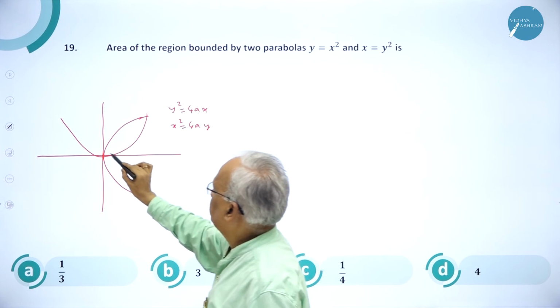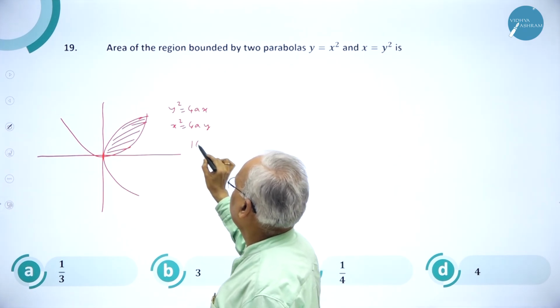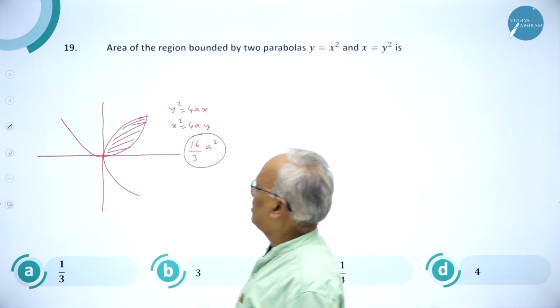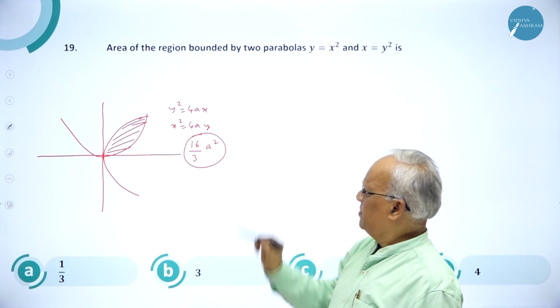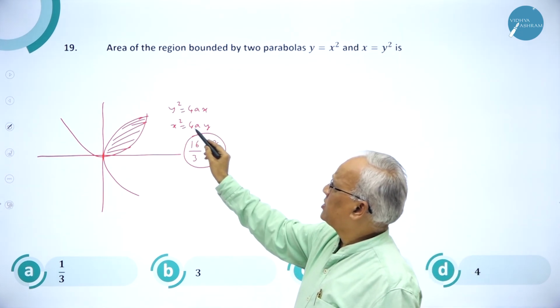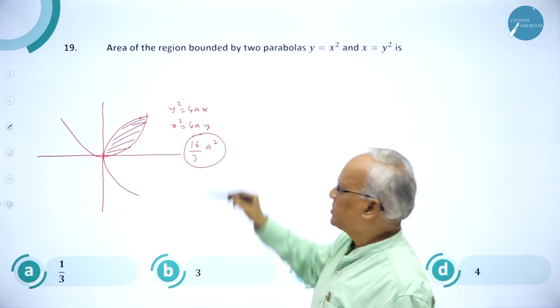Area between these two, the intersecting part, is given by 16 by 3 a squared. This is a standard result. You need not do all that integration. This is a memory based question. Whenever y squared equal to 4ax and x squared equal to 4ay, the upper parabola and the right-sided parabola, area is given by this.